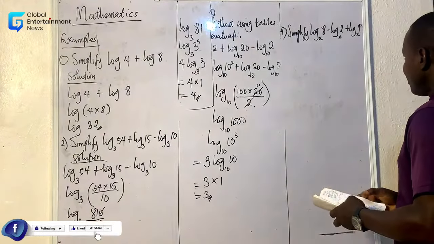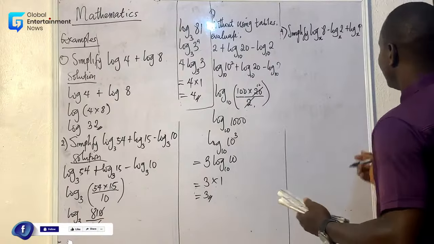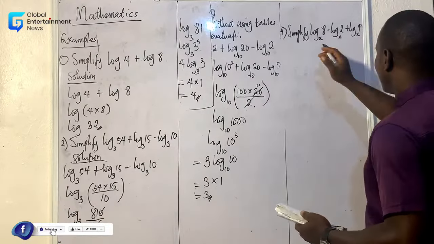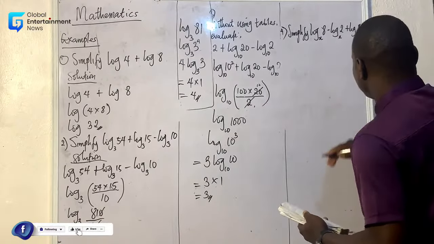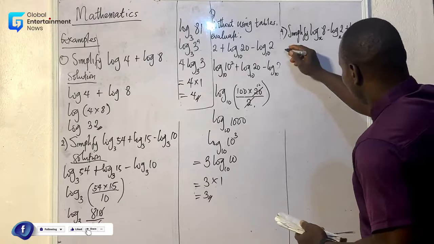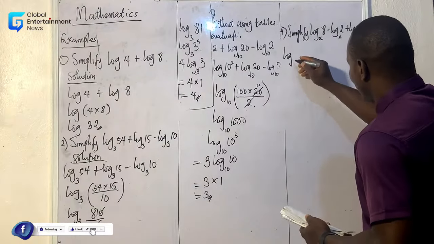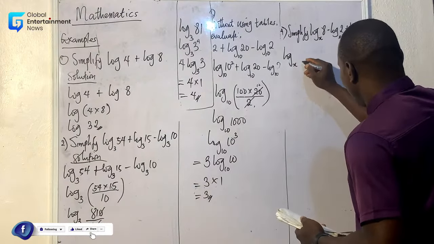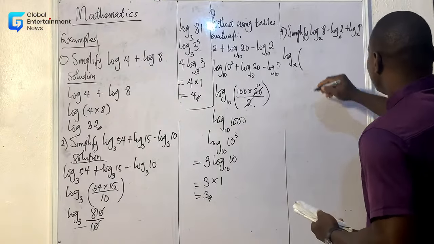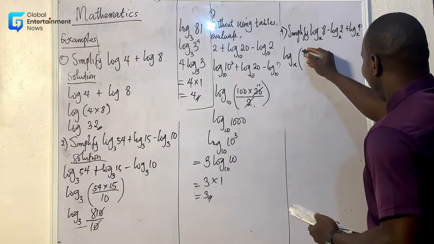Now, looking at this question, what do we do? All of them are in the same base. So what do we need to do? We are just going to say log 2 base what? Base x, brackets. Looking at this, that is 8.